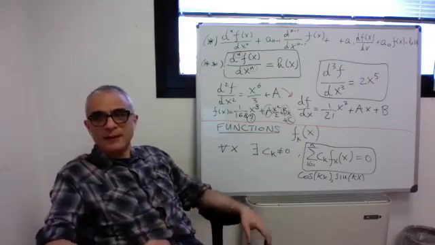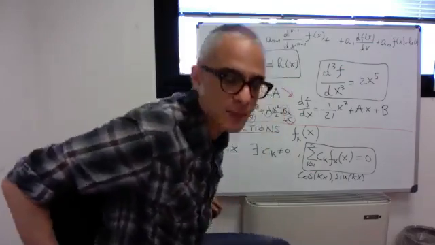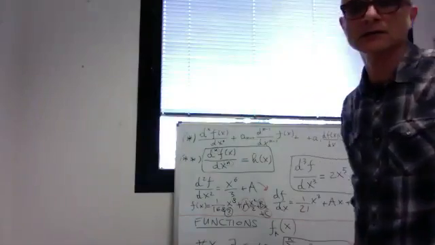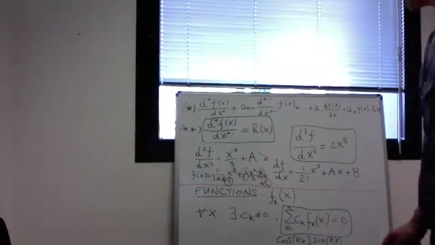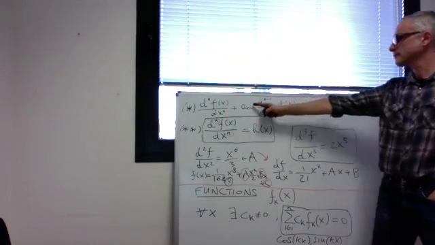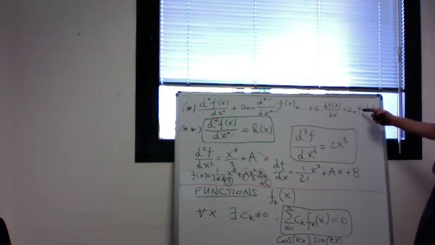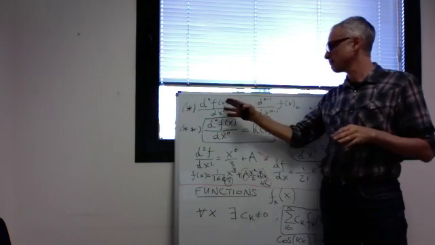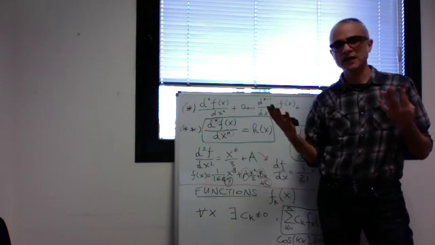Okay, so I didn't phrase this last point very well. What I'm trying to say is that if I was a good mathematician, which I'm not, I would have given you a rigorous proof that the general solution to this guy is the combination of n plus 1 linearly independent functions.